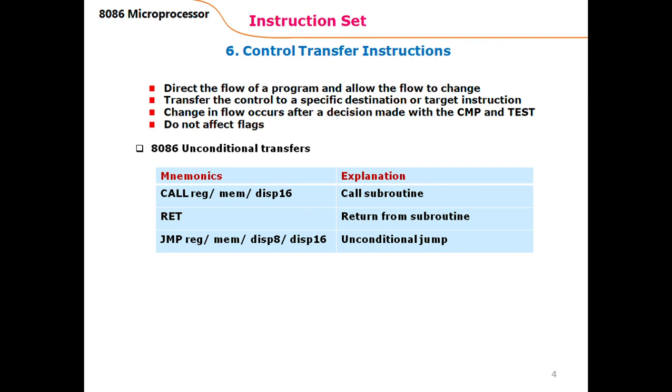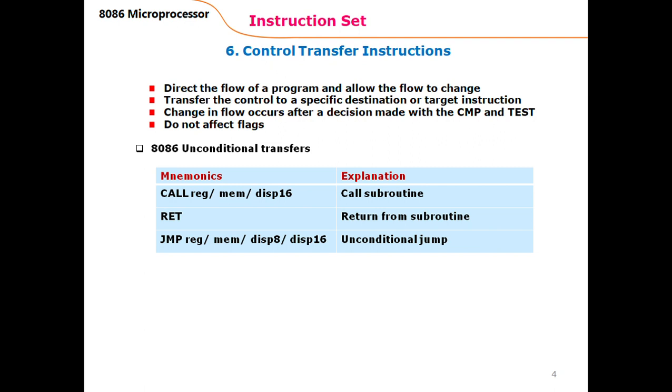Both of these are forms of unconditional transfer, but there is a specific jump instruction as well, represented with JMP. This is the mnemonic of the jump instruction, and of course for all these instructions there are opcodes, binary codes to represent them in the memory. The jump instruction is also followed by either a register or a memory location or an 8-bit or 16-bit displacement.